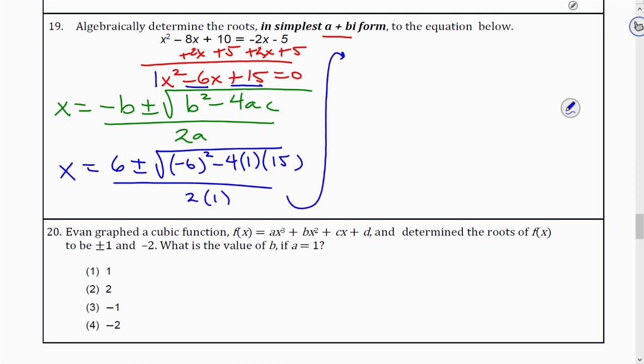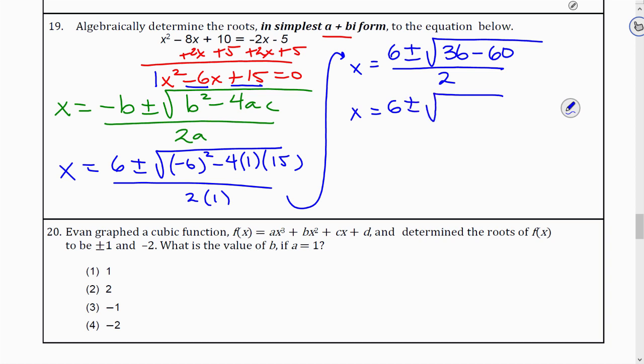Simplifying a bit, I get x equals 6 plus or minus the square root of, let's see, negative 6 squared is 36, minus 4 times 1 times 15, which is 60, all over 2. Going one step further, 36 minus 60 is negative 24 over 2.